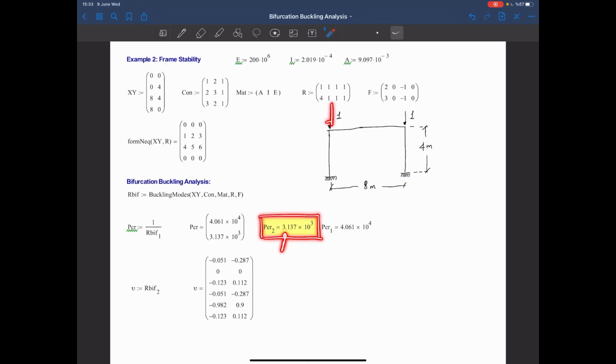If you apply a force that is equal to somewhere here, you are very close to the buckling load. And these are the deformed shapes. The eigenvectors are all in the global direction. So if you want to plot how this frame buckles, you have to plot the deformed shape by using these values.